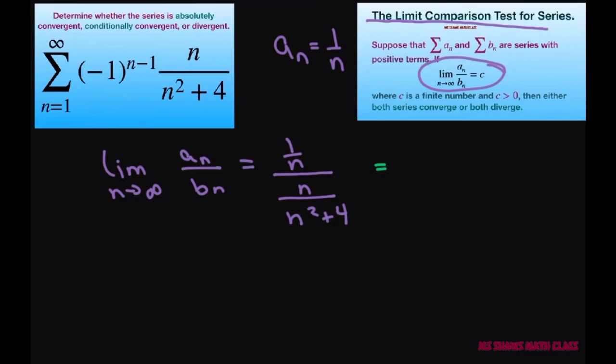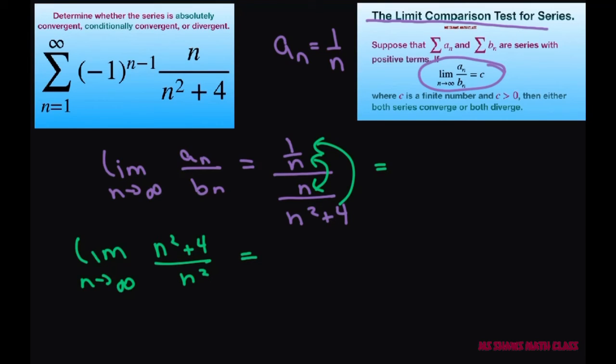Simplifying this, I get the limit as n approaches infinity. I can multiply those two and move this up here, so that's n squared plus 4 divided by n squared. Now dividing everything by n squared again, we get 1 plus 4 divided by n squared, divided by 1.